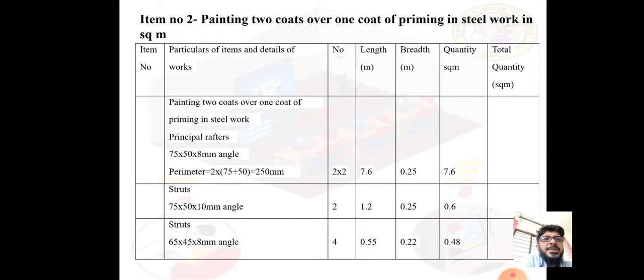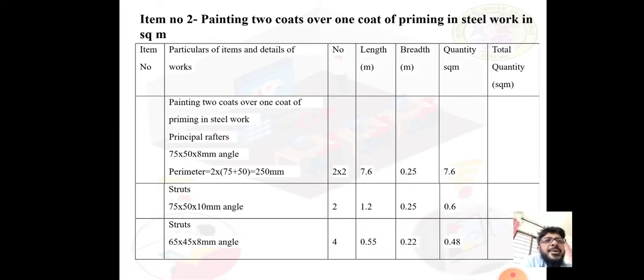So for the principal rafter we are using a 75 into 50 into 8 mm angle. Now the perimeter we can find for two sides, 75 plus 50. We should not add the 8 mm thickness, because that thickness is already included when we double it. If you want full detail, you can see the cross section of the angle section.